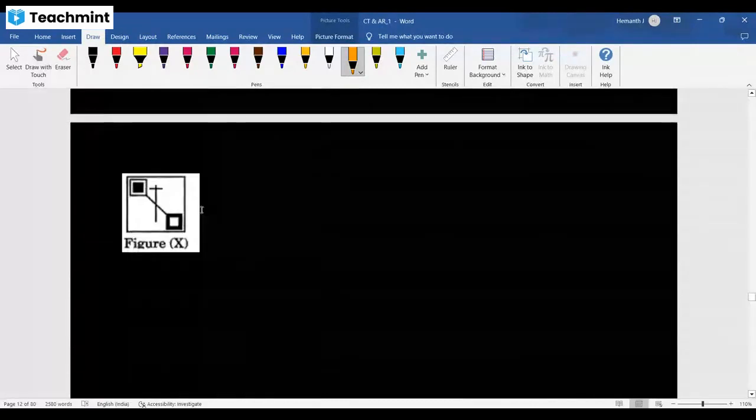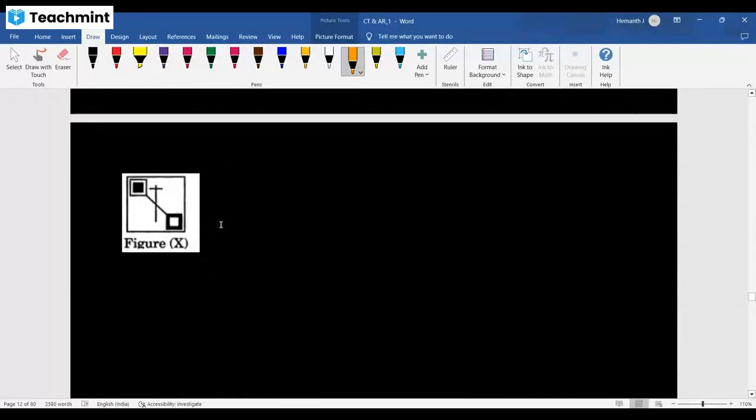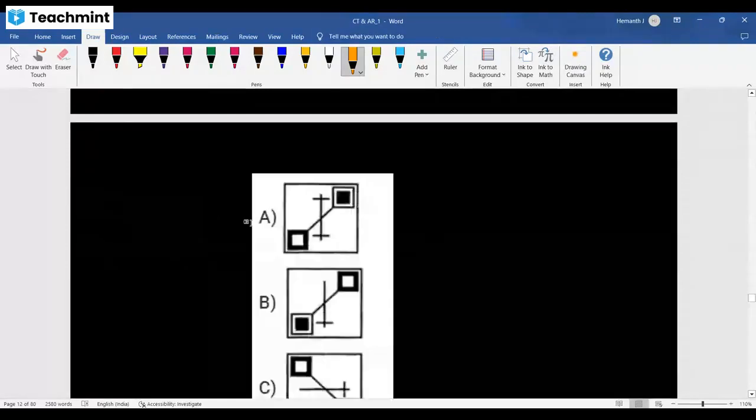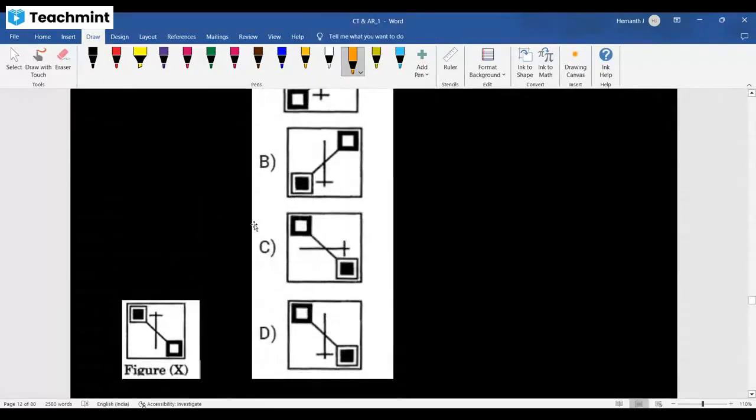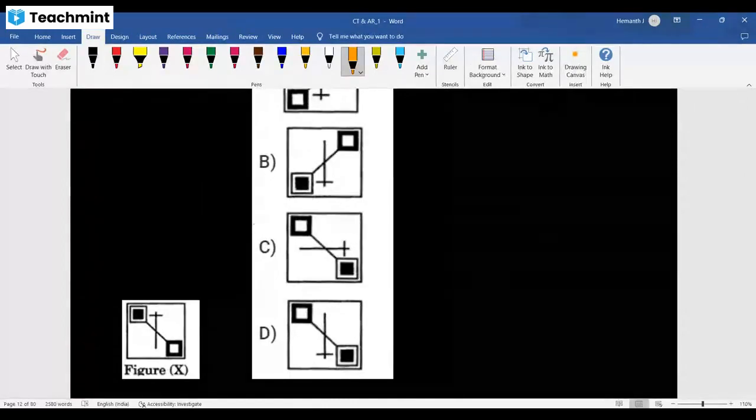Okay, fine. So this diagram, if you rotate, what is the angle it can be? If you rotate, what will be the next one is the question, right? Yeah, you have everything now. This one, if you rotate, what diagram will come?